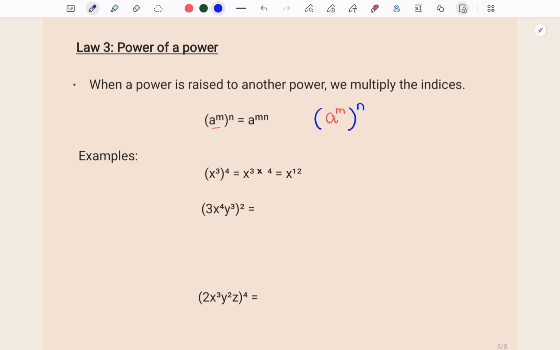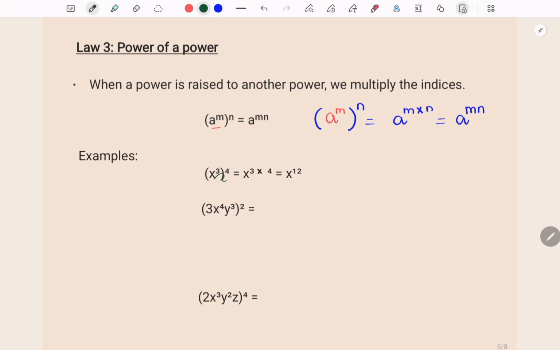So whenever we have terms like these, we will keep the base and we will multiply all the powers. So m and n will be multiplied together. That gives a raised to the power mn. Alright, let's take a few examples. Here we have x raised to the power 3.